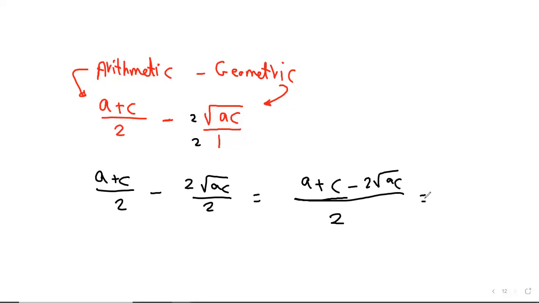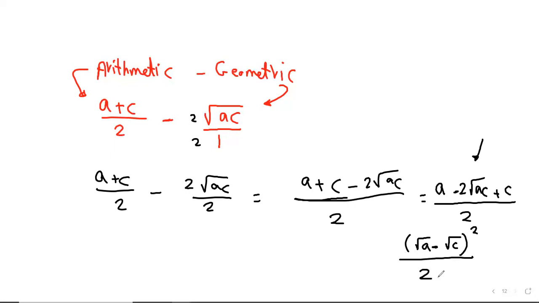Rearrange them. Write A at the very beginning, minus 2 square root of AC, plus C, all divided by 2. You know, this expression is a perfect square, and it can be factorized as the square root of A minus the square root of C, all raised to the power of 2, divided by 2.